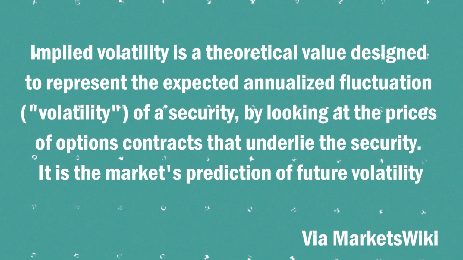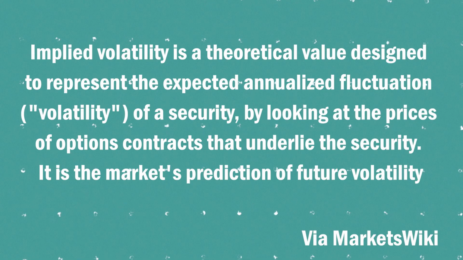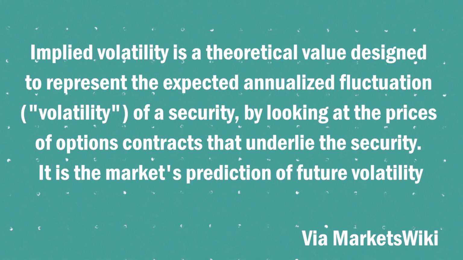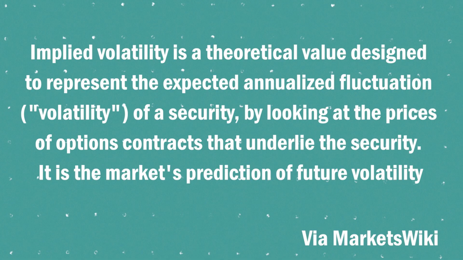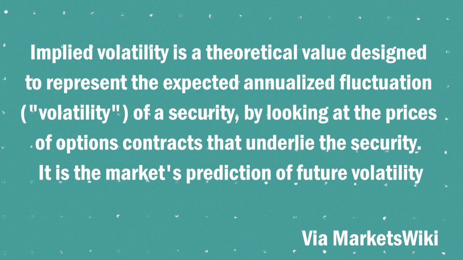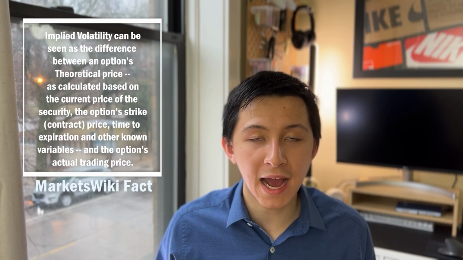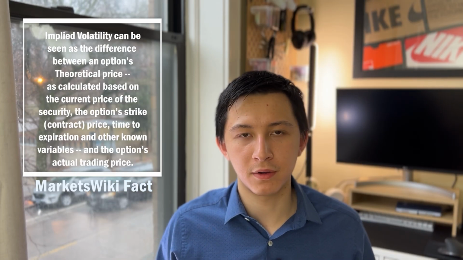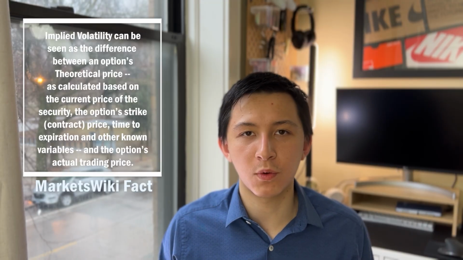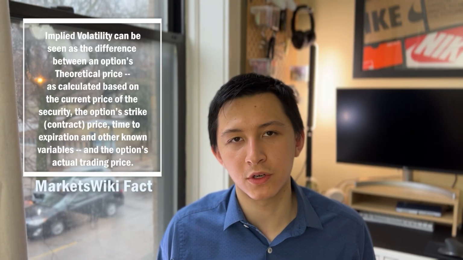The implied volatility of an option is not necessarily a statistic, but it's an estimation of what the market thinks volatility will be in the future. This essentially means that implied volatility is a forecast of volatility used for the purposes of options pricing. In fact, most of the time, implied volatility is calculated using an options pricing model. Now, investors typically like it if implied volatility increases when they're long an option and decreases when they're short an option.